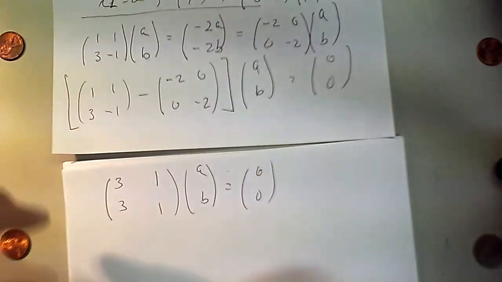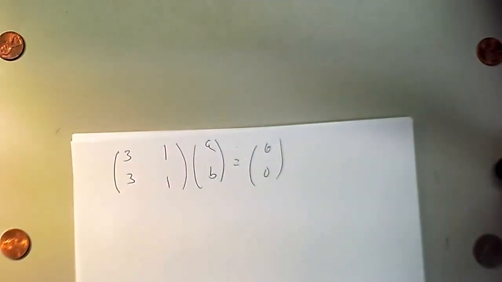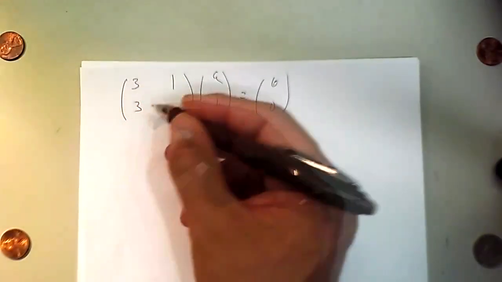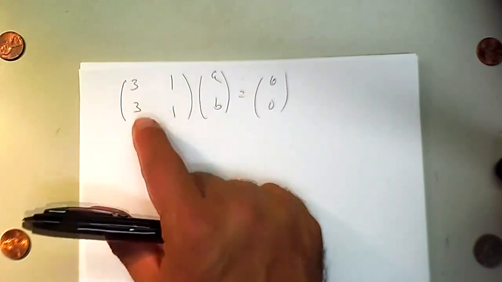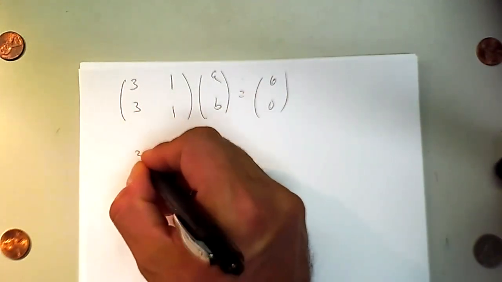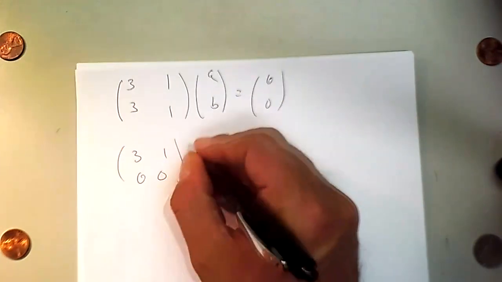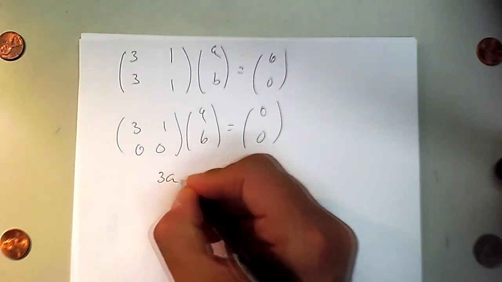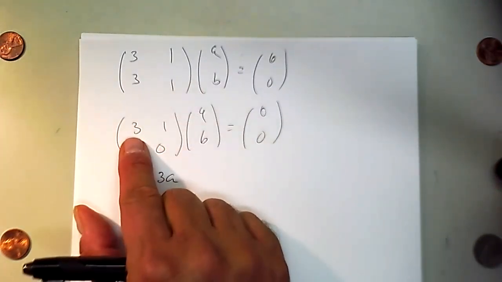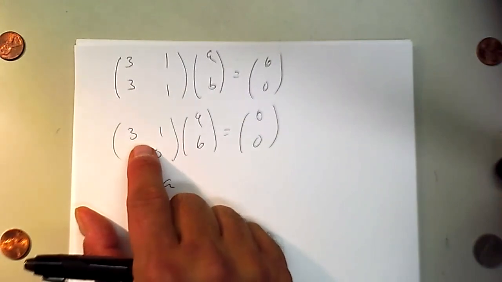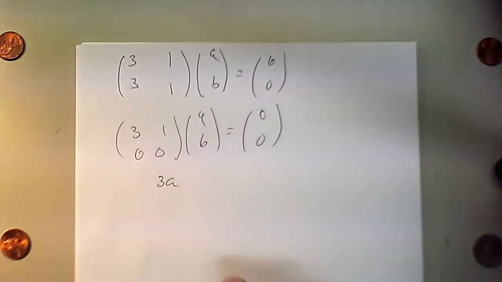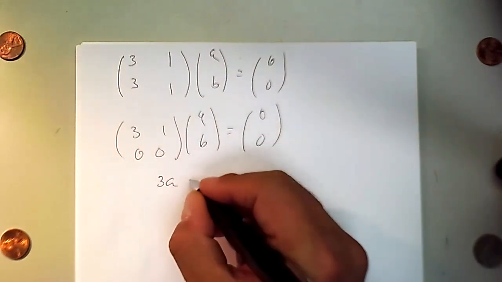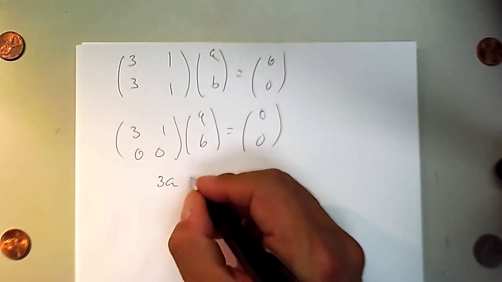So we end up with 0, 0. If we simplify this by elimination, a simple subtraction, row 2 minus row 1, we get 3, 1, 0, 0, times A, B equals 0, 0. We could divide by 3 if we wanted to have it in row echelon form, but what I'm after is the eigenvector, and I try to avoid fractions if we can.